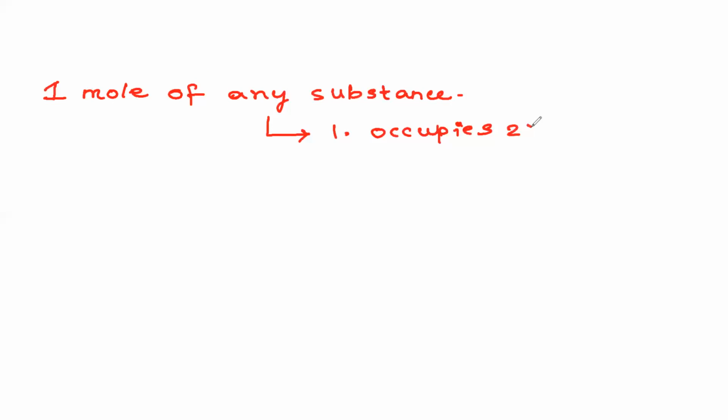Suppose the substance is gas, it occupies 22.4 liters at STP. At STP, that is standard temperature and pressure. So standard temperature is 273 kelvins or 0 degrees C, and pressure is 1 atmosphere.